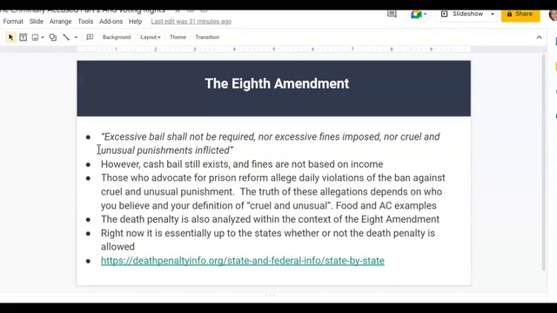Additionally, those who advocate for prison reform allege that certain conditions in everyday life in jails and prisons violate the prohibition against cruel and unusual punishment. And some people say that there should be cases going in front of the Supreme Court that declare certain things unconstitutional. So, for example, most of the time in jails and prisons, the food they get is stuff that you just add water to. And some of it says not fit for human consumption on it.